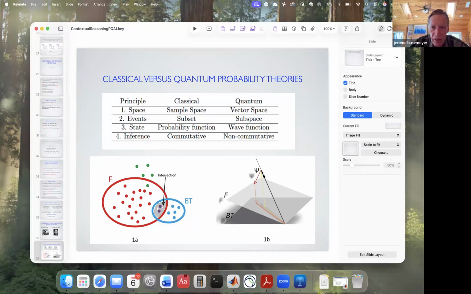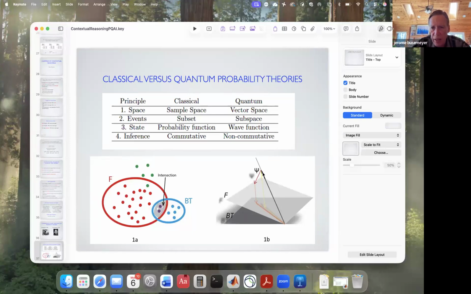So here's our state vector, this black arrow. Now, if we were judging the probability of feminism, we would project this state vector on the subspace for feminism. I don't have a line here, but we'd have a line representing the length of that projection, and we could get the squared length. So when we project onto a subspace and we take its squared length, that gives us the probability of that event.